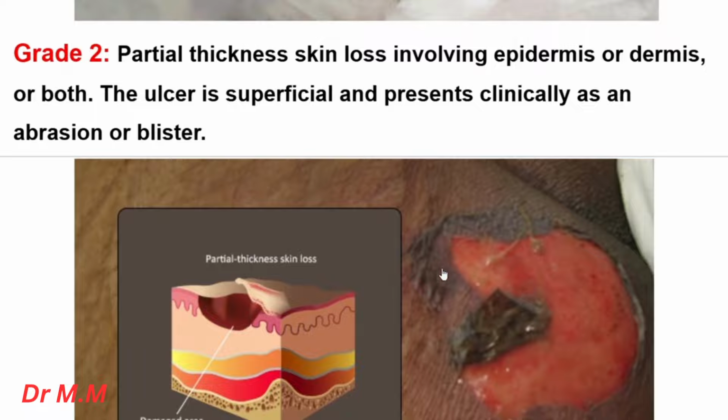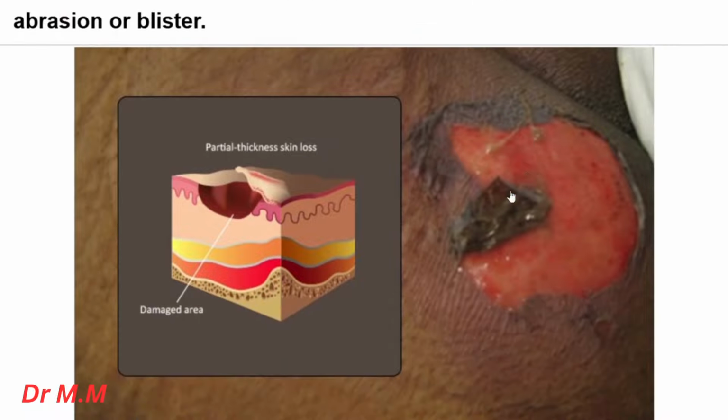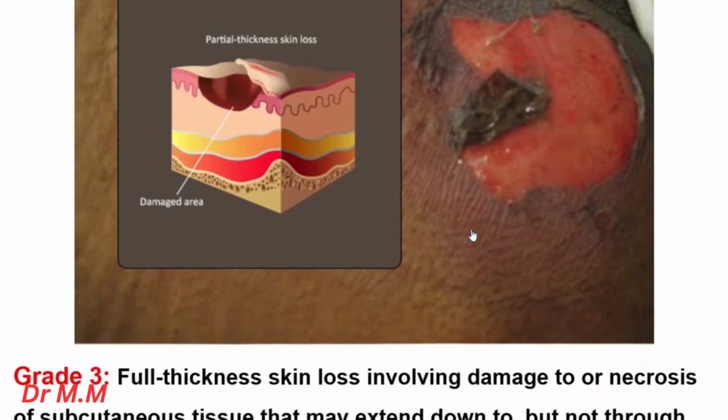Here we can see the superficial ulcer, which is an abrasion, or maybe it was a blister. We can see the abrasion of the superficial skin here, or partial thickness skin loss.